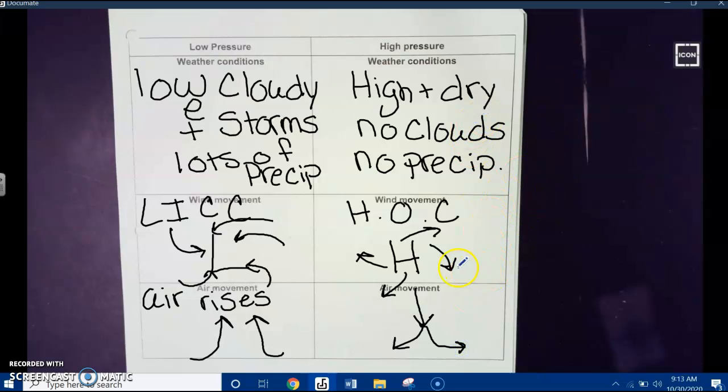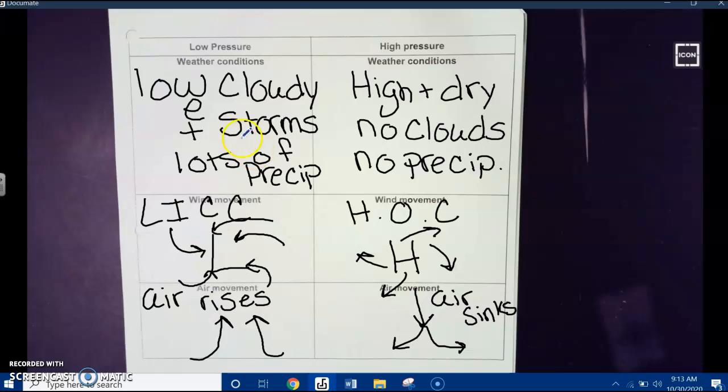So that's the reason why we don't have any clouds. So air sinks. So that means that there are no clouds associated with a high pressure system. So high and dry, high pressure, out and clockwise, and the air movement, the air is sinking. Sinking air does not create any clouds.